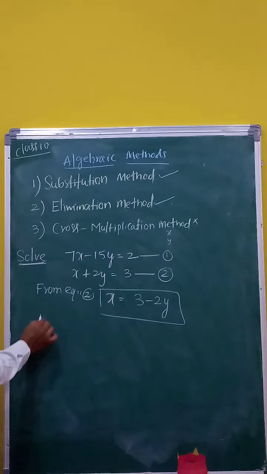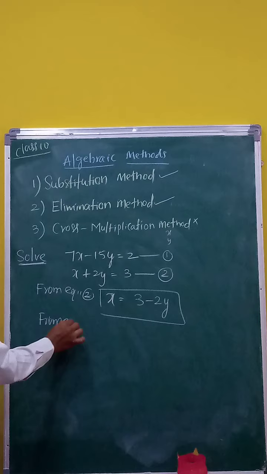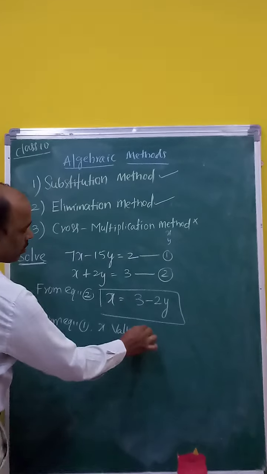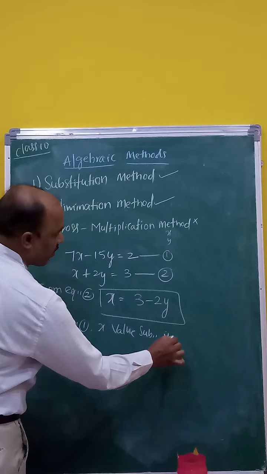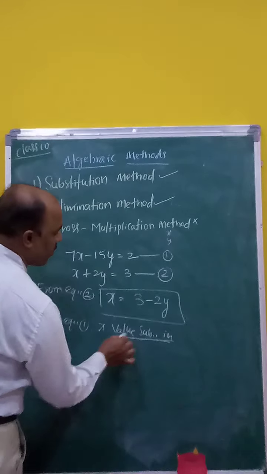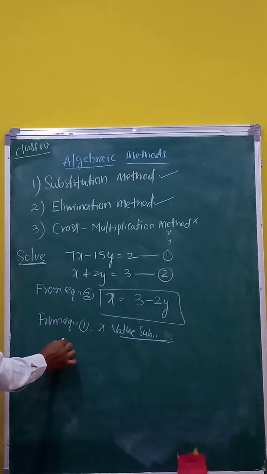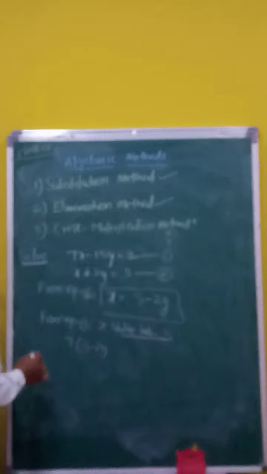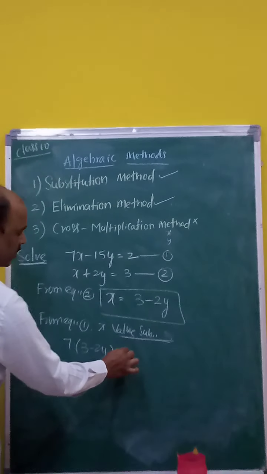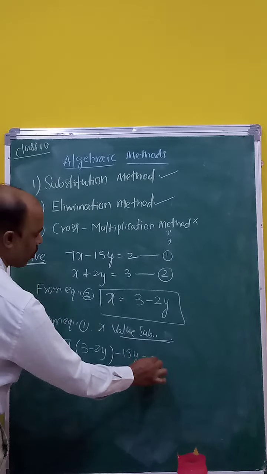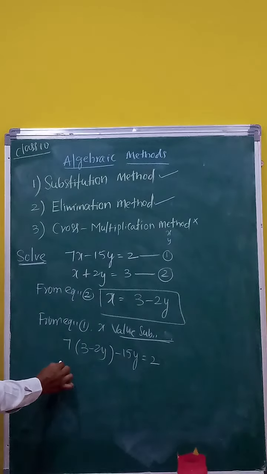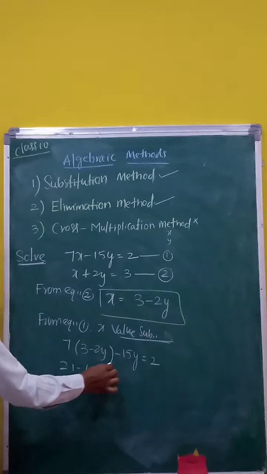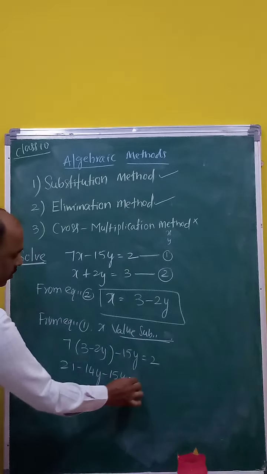Write it. From equation 1, substitute the x value in the place of x. 7 into x value: 7 into (3 minus 2y), and 15y no change, minus 15y is equal to 2. Multiply: 7 3s are 21, 7 2s are 14y, and 15y no change, is equal to 2.